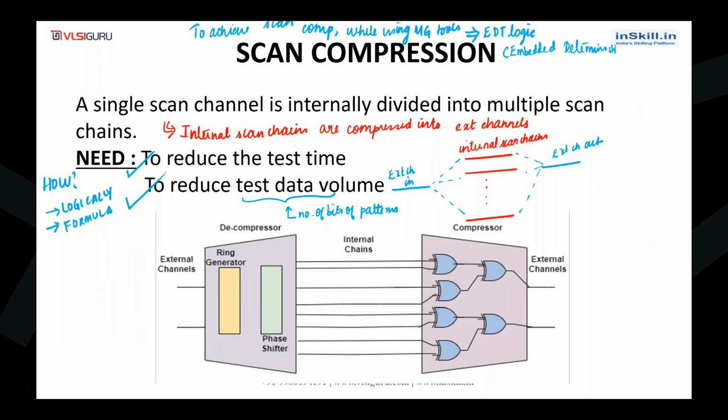So in order to achieve scan compression with Mentor Graphics tools, you add a logic called the EDT logic. Here you can see the internal chains, and these are your external channels.